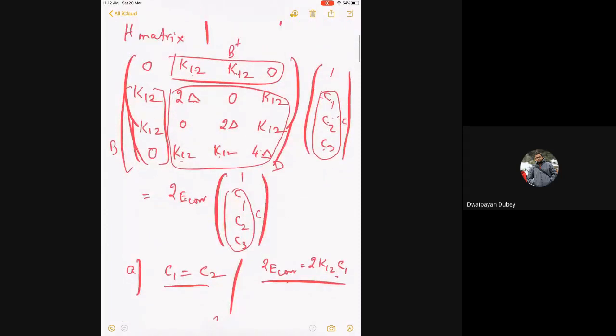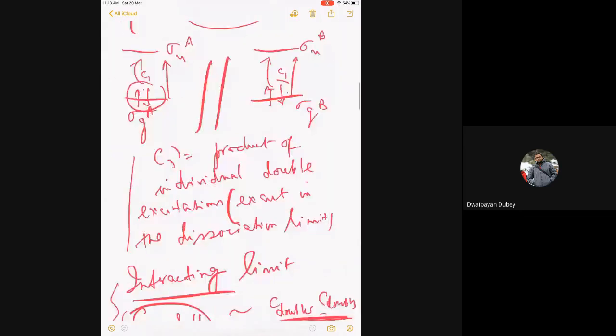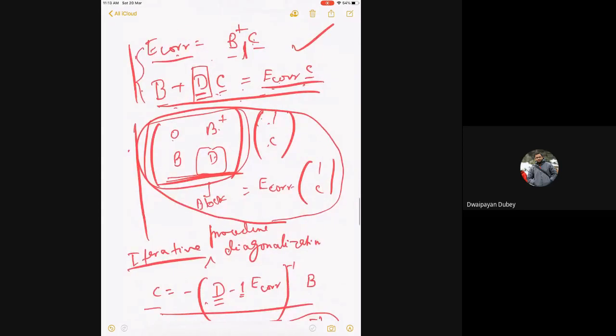So I hope you can see this. 0, B dagger, B, D; 1, C, E correlation, 1, C. Please see this.